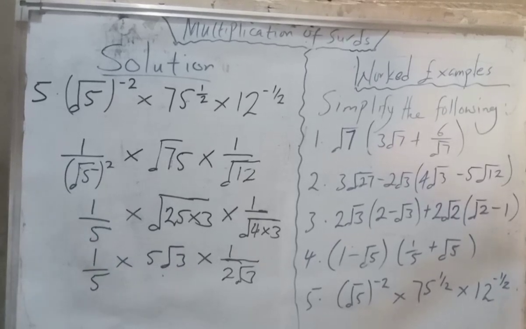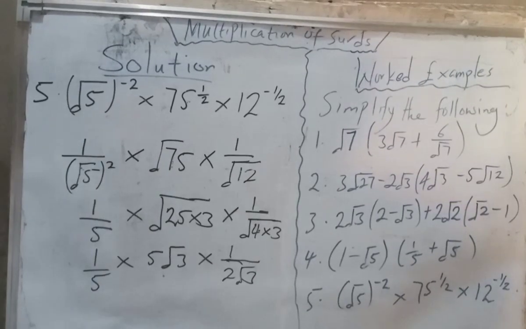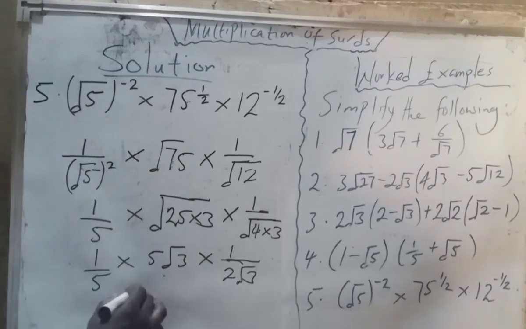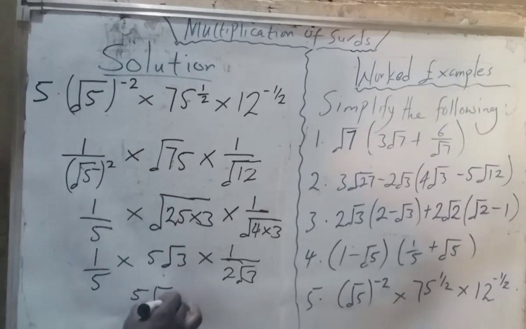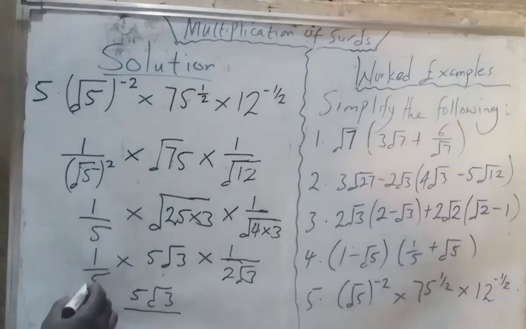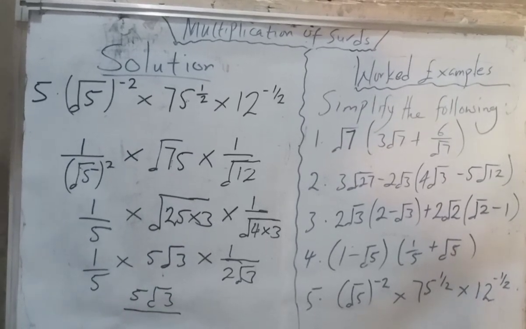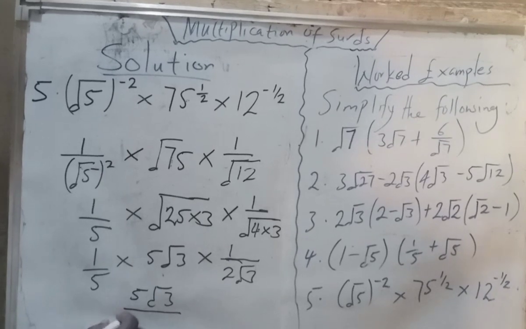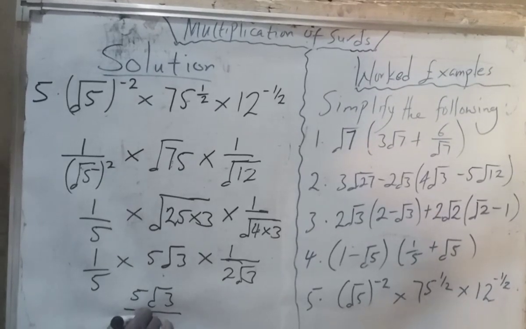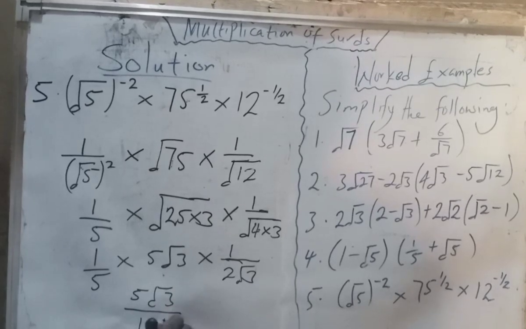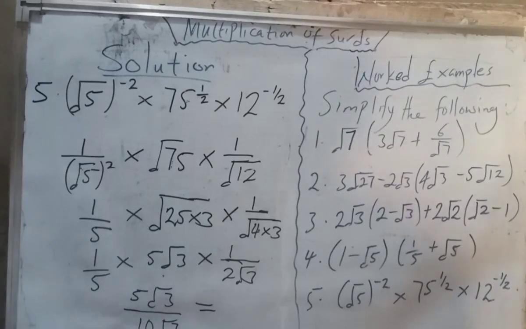So that 1 times 5 root 3 will give us 5 root 3. So we have 5 root 3 over, we now multiply the denominators. 5 multiplied by 2 root 3 will give us 10 root 3. And then we can further simplify this.